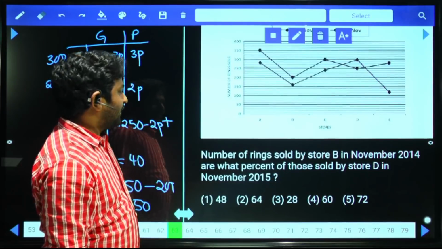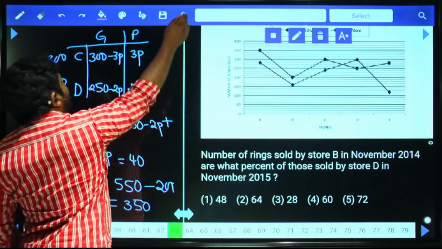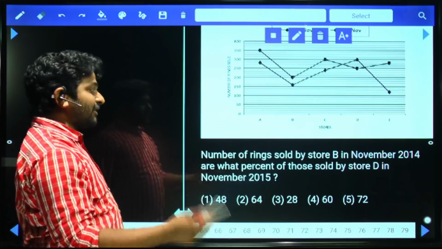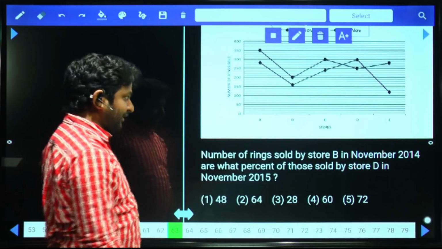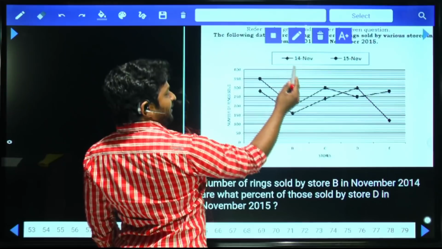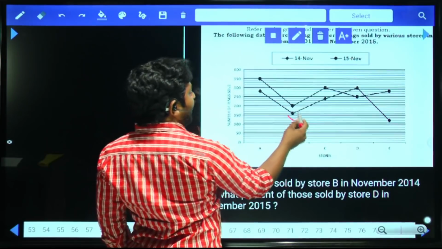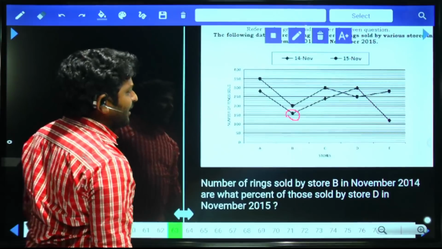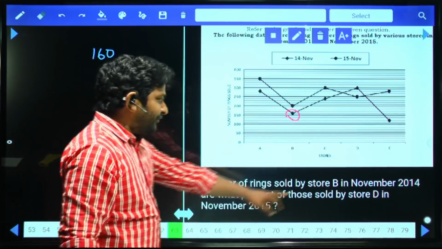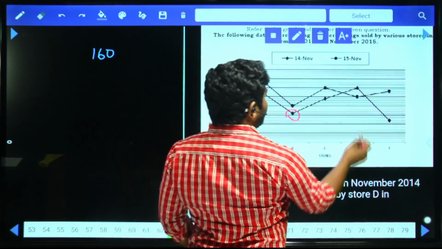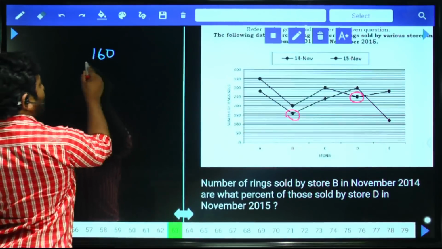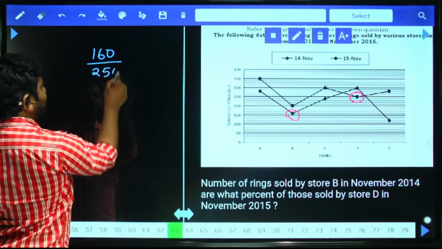Next. The number of rings sold by store B in November 2014 is what percentage of those sold by store D in 2015? B in 2014 is 160, and store D in 2015 is equal to 250. 160 is what percentage of 250?